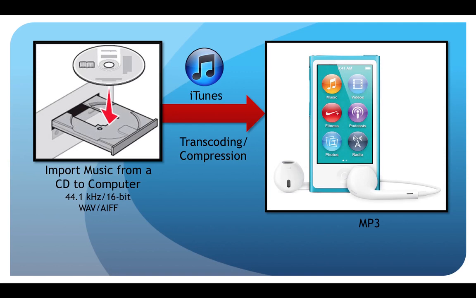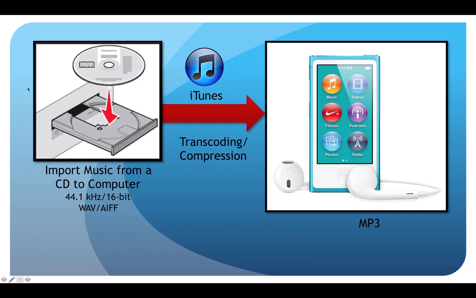For the most part, we transcode music from professional CDs into the MP3 music format, because we want to take that music from the CD and put it onto a portable player such as an iPod. And we want to reduce the file size as much as possible because most people want lots and lots of songs on their iPod. To be able to get more songs on the iPod, you need to reduce the file size.